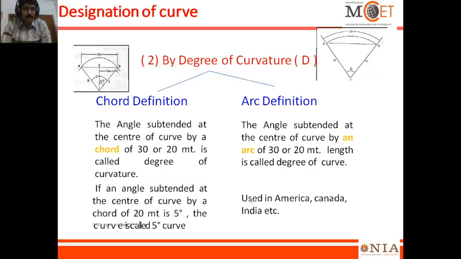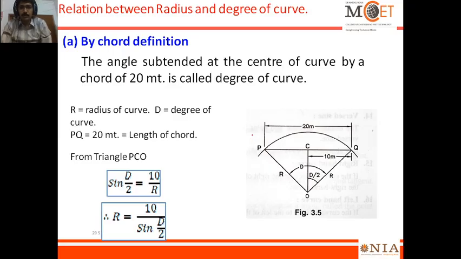Usually in India, America, Canada, they use the arc definition predominantly, since we need to lay the road in an arc pattern, not a chord pattern, but we can use the concept. By chord definition, the angle subtended at the center of the curve by a chord of 20 meter is called the degree of the curve.